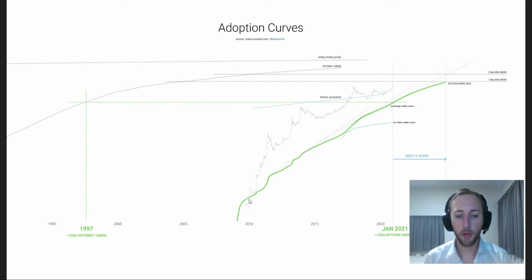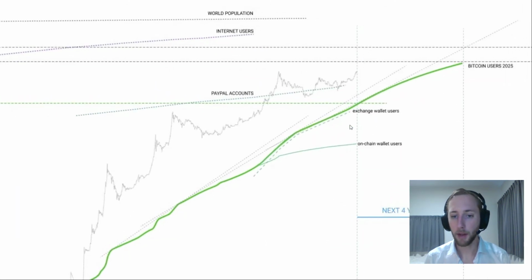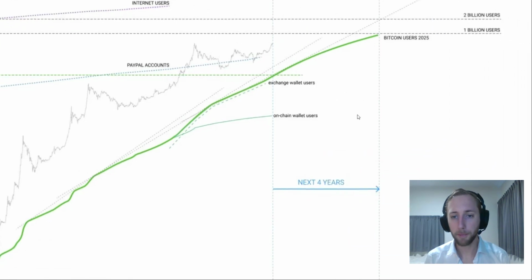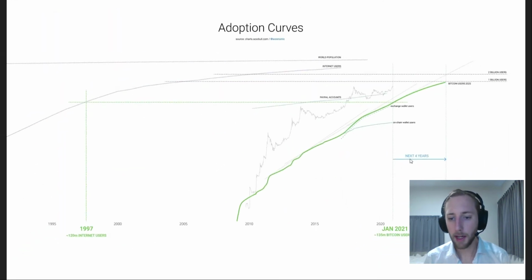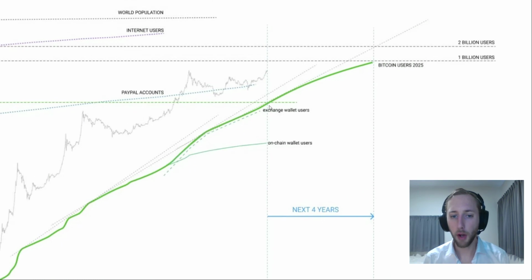Now if we follow the trajectory of Bitcoin, we can see that even though it slopes down a little bit because it's taking a cautious approach, in the next 4 years, so January 2021, we had 135 million Bitcoin users. By 2025, following this trajectory curve, we can expect to see 1 billion users in Bitcoin. Now, if we have 1 billion active users in Bitcoin, we can expect the price to follow suit.